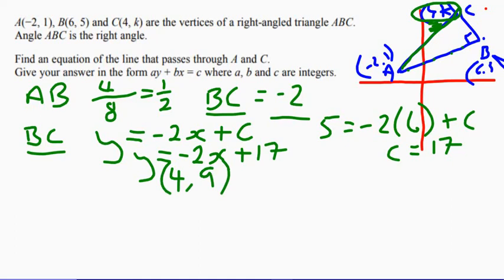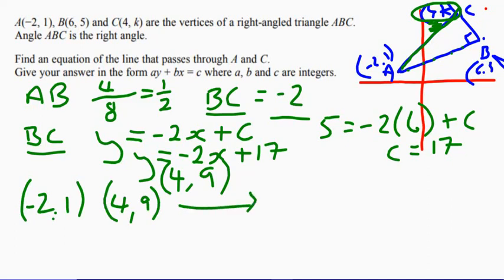So now this has simplified the question quite a lot. Actually what I'm doing now is looking for the equation of the line between (-2, 1) and (4, 9). So I just do exactly the same. Let's think about the gradient first of all.